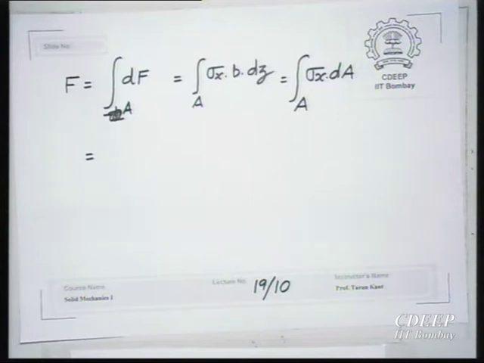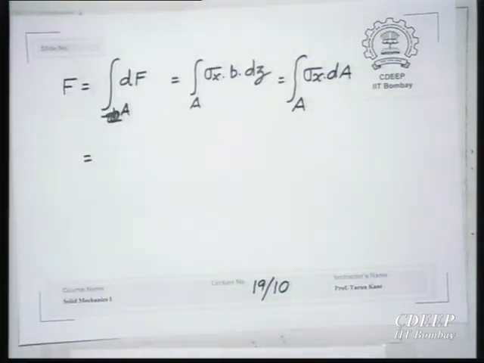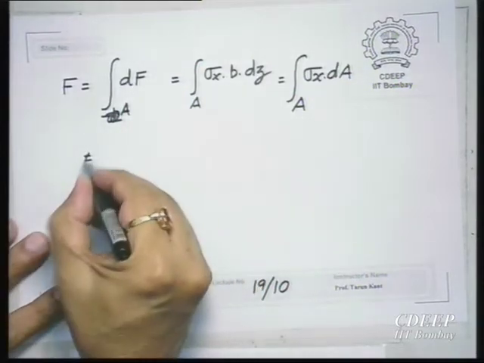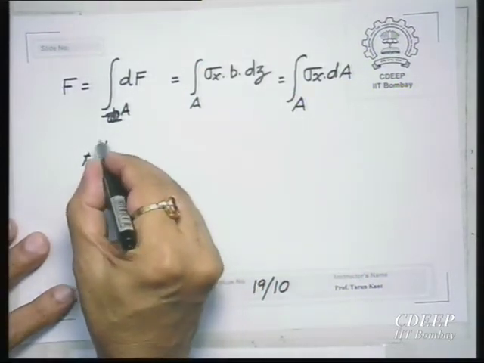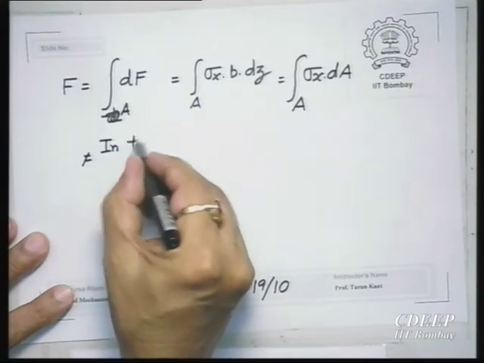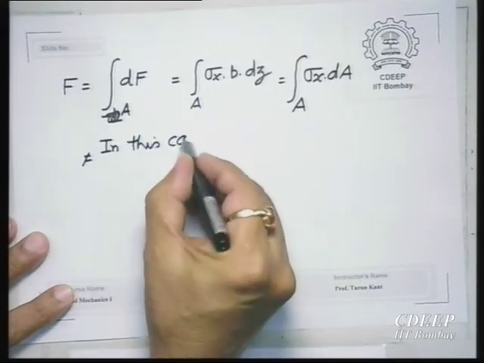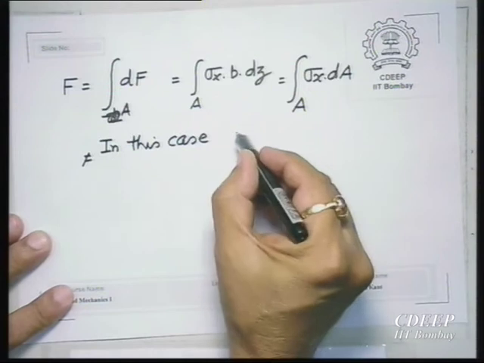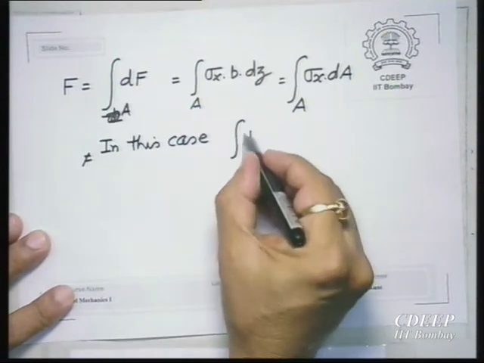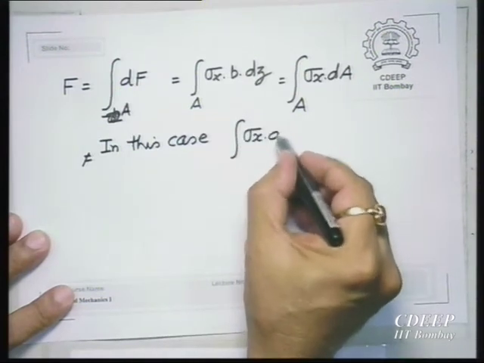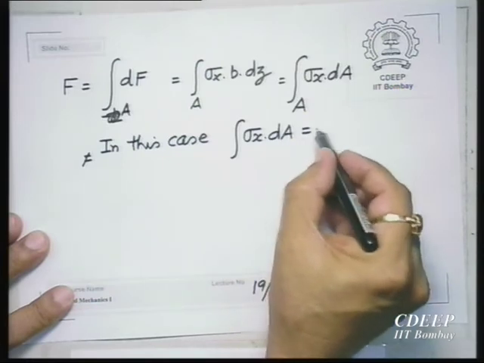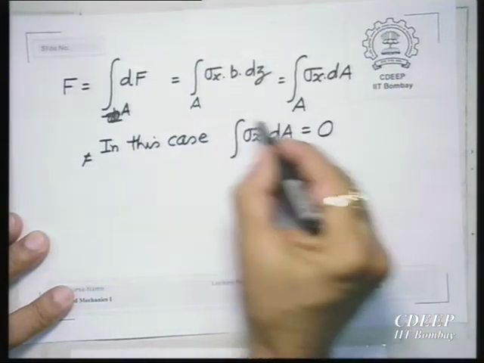Is there any force acting along the axis? No. Okay. So, this will act provided there is some axial thrust. But in our case, the integral of sigma x into dA is 0.